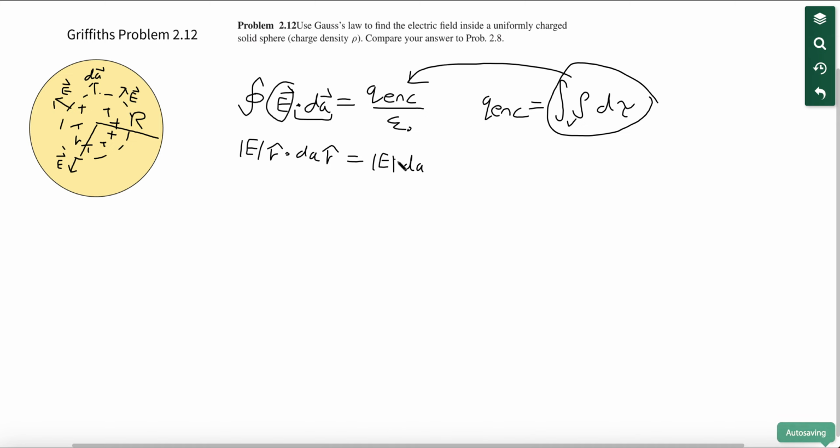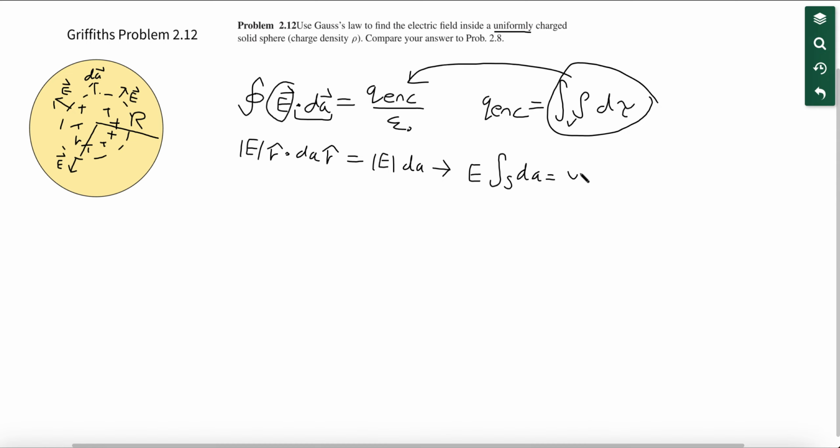Now that we have this, and we know that the magnitudes of the electric field are all the same around the Gaussian surface, it's just constant. Because it's a constant, we're able to pull this out of the integral. So we're just left with the surface integral of dA, and because the solid sphere is also uniform, this also means that we're able to pull the charge density out of our integral.